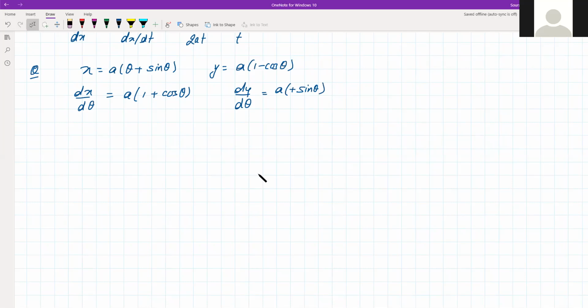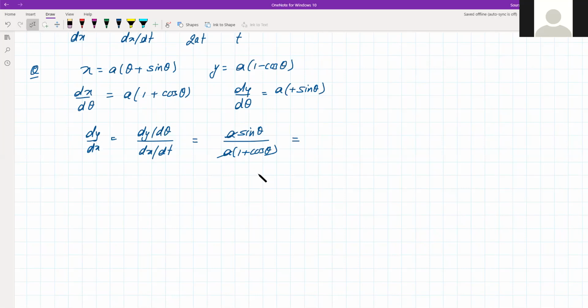Now what is dy by dx? So dy by dx is dy by d theta divided by dx by d theta. Now here dy by d theta is a sine theta, and this one is a(1 plus cos theta). You can leave it here as well, but it's very easy to simplify it further.